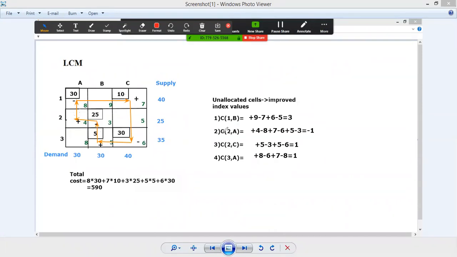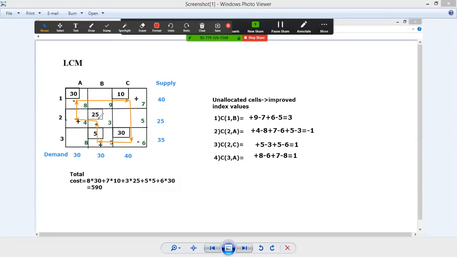As I told, this particular unoccupied cell got a negative value. This is the cell 2A, which indicates that adding an allocation to this particular cell may reduce the total transportation cost. So this was the loop which we had formed for this particular cell.